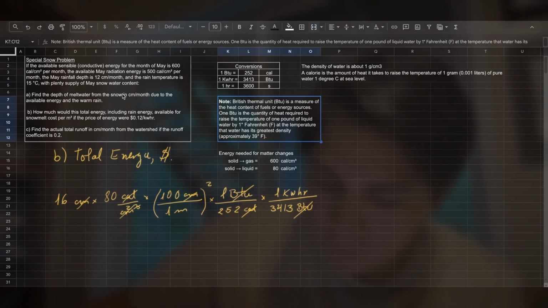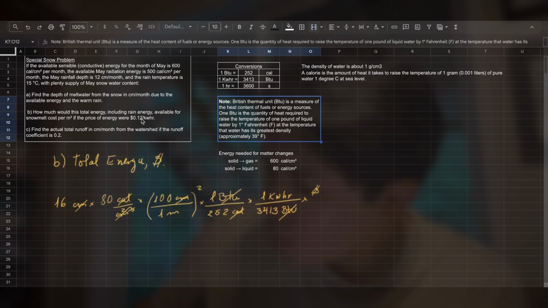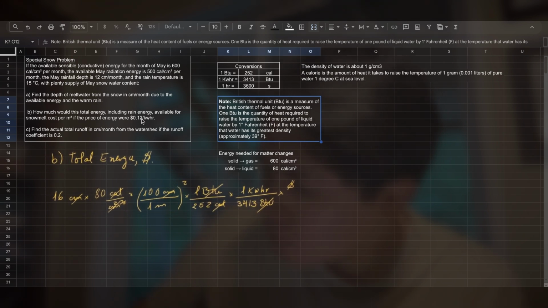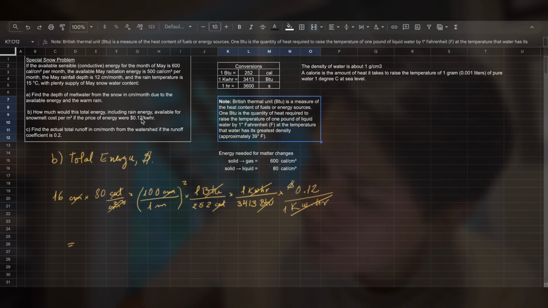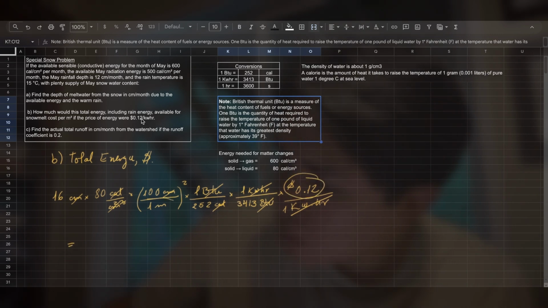We know that we're given in the problem $0.12 per kilowatt hour. So kilowatt hours cancel, and we're going to end up with dollars per square meter.